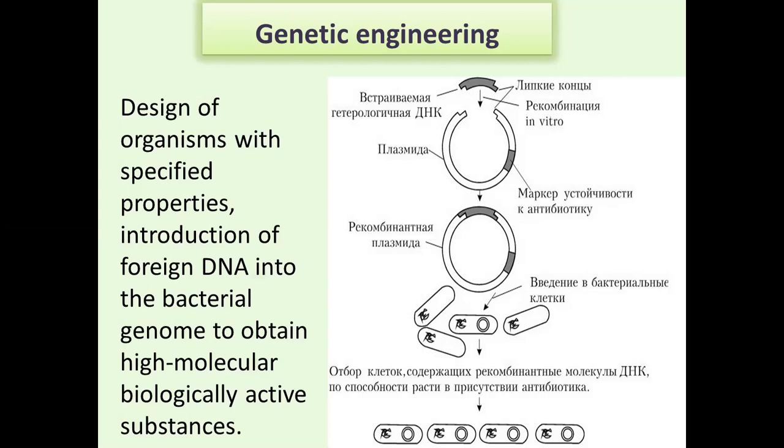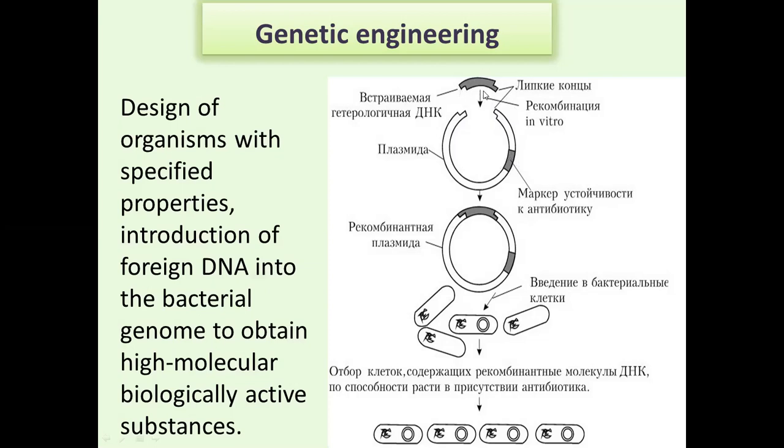It's possible to take this gene from the human cell and then we need to transport it into bacteria. How can we do it? We need some vector. Vector is a plasmid, a conjugative plasmid. Mostly we use R plasmid, plasmid of antibiotic resistance, with a genetic marker of resistance for some antibiotic.